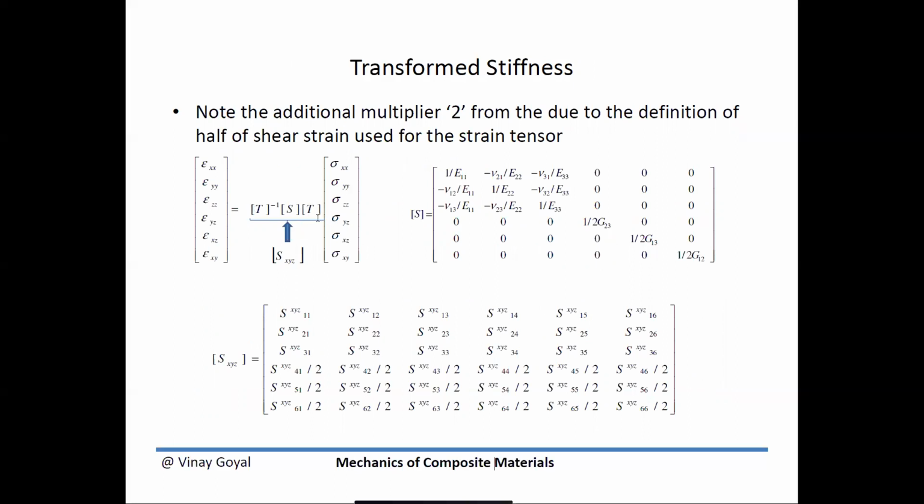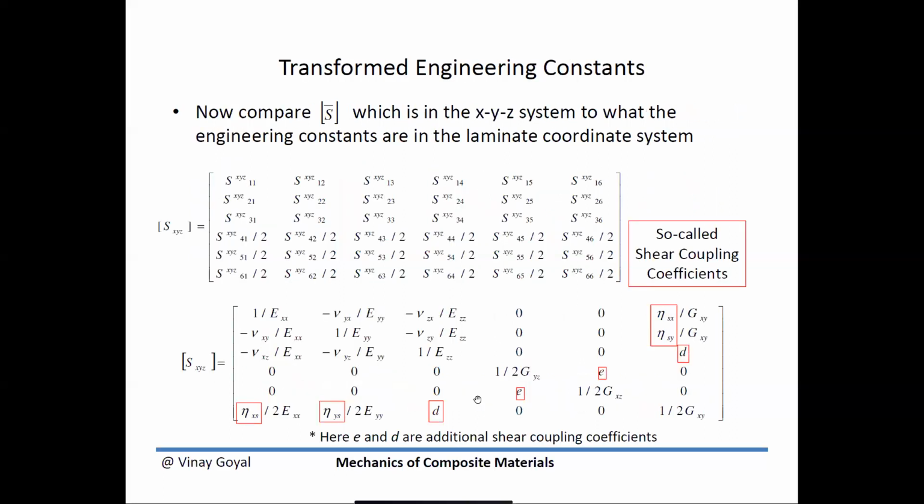That's a transformation matrix. And then I can find S_XYZ. And I will find an expression like this. It will probably be fully populated. But the important thing is that given the ply angle, I can find T. And if I know T and I know S because I know the lamina properties, then I can find S in the laminate system. And these will all be numbers, okay? Some of them 0.